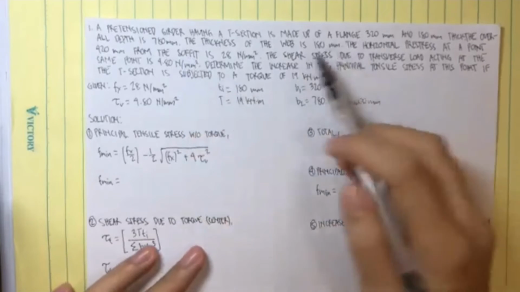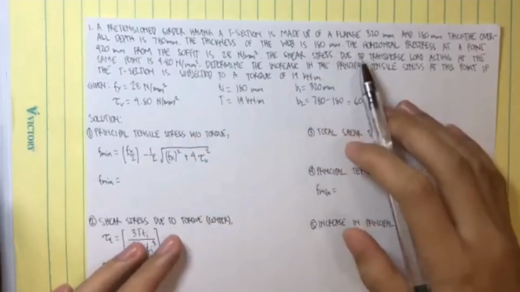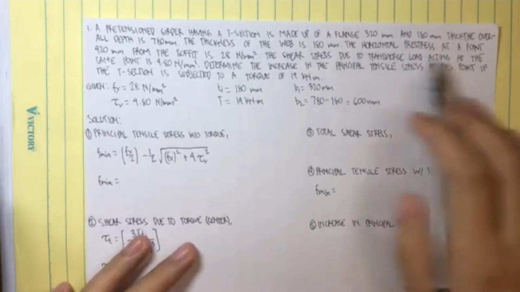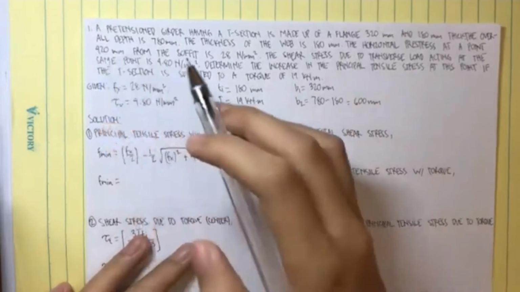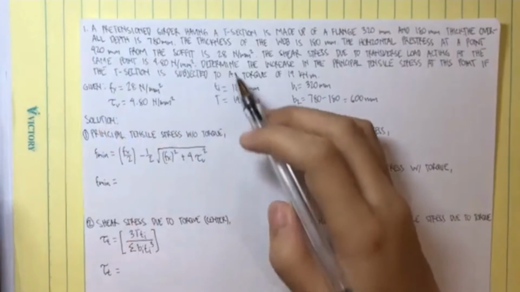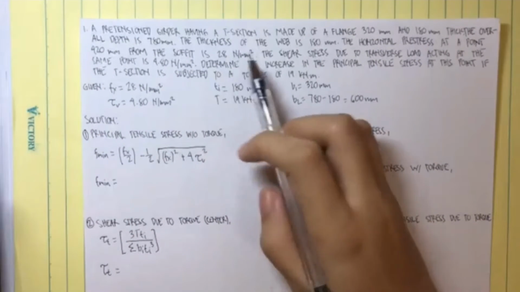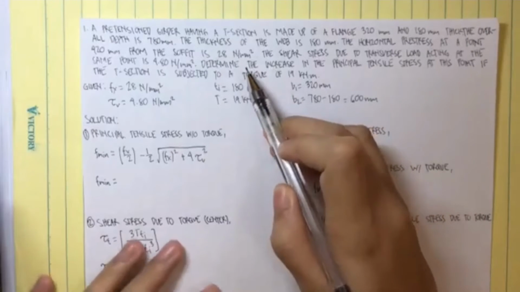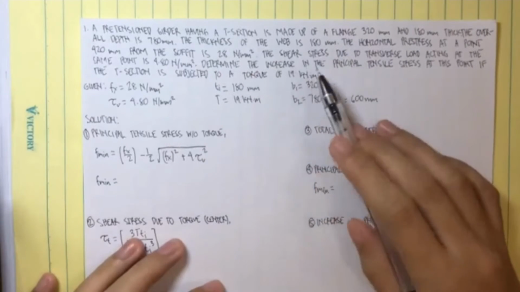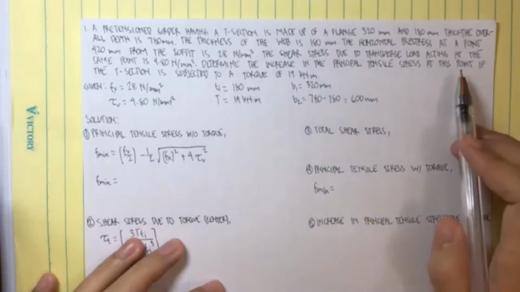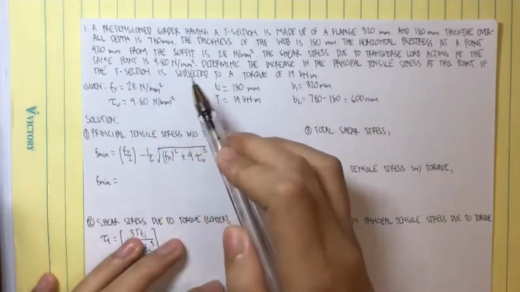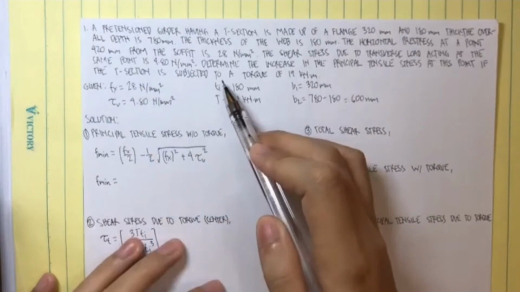And then yung thickness ng web is 180. So meron daw tayong horizontal stress at a point 420 from the soffit. So yung horizontal stress doon is 28 Newton per millimeter squared. Next is may shear stress due to transverse load acting at the same point na 4.80 Newton per millimeter squared.